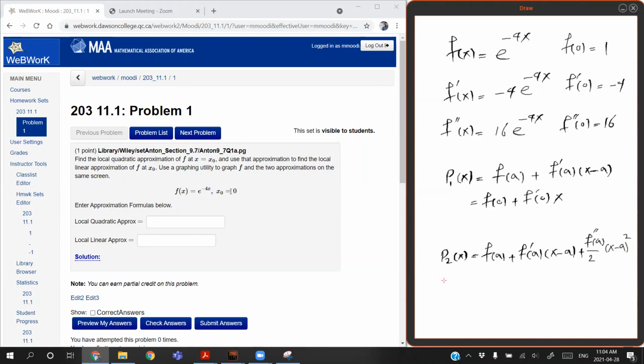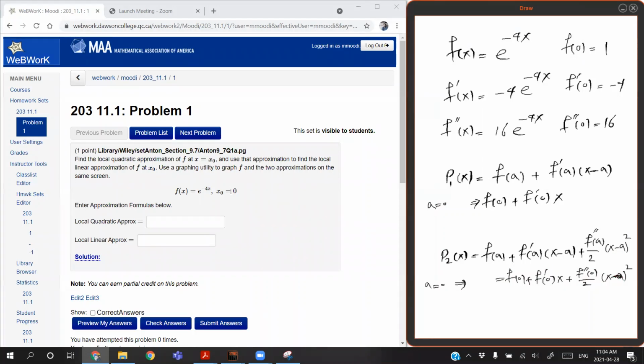And now if a is 0, this will become f of 0 plus f prime of 0 times x plus f double prime of 0 over 2 times x minus a to the power of 2, just x to the power of 2 because a is 0.